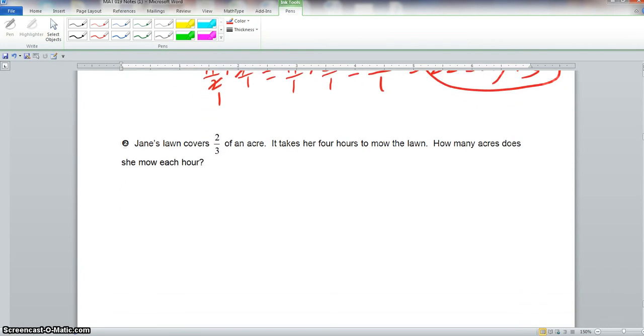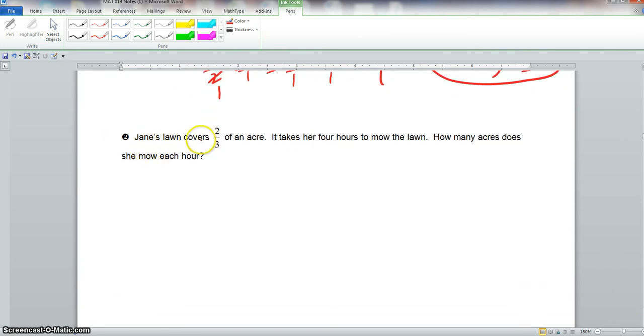Now we scroll down here to number 2. It says Jane's lawn covers 2/3 of an acre. It takes her 4 hours to mow the lawn. How many acres does she mow each hour? So we would take 2/3 and divide that by 4, because it took her 4 hours to mow 2/3 of an acre.